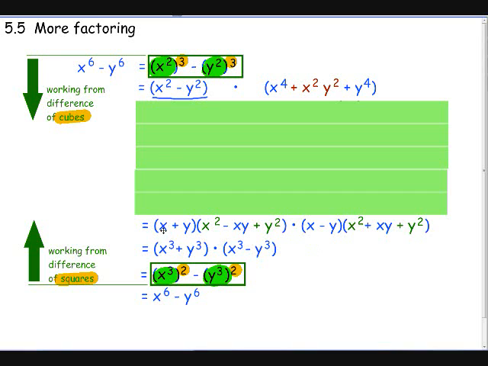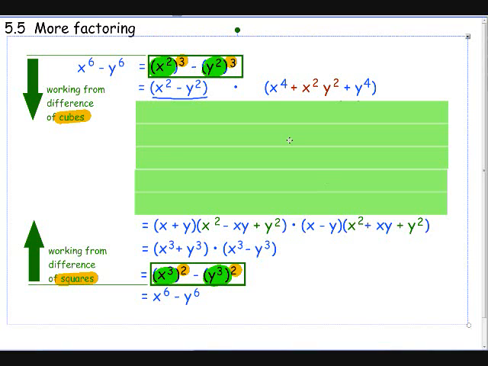The sum, x plus y, the difference, x minus y for their binomials. The sum, x squared minus xy plus y squared. And the difference looks almost identical, except since it already has a negative over here, we have a positive here. All right.